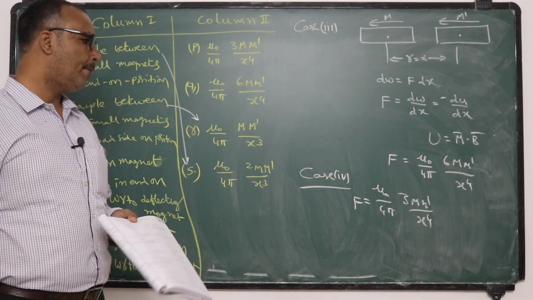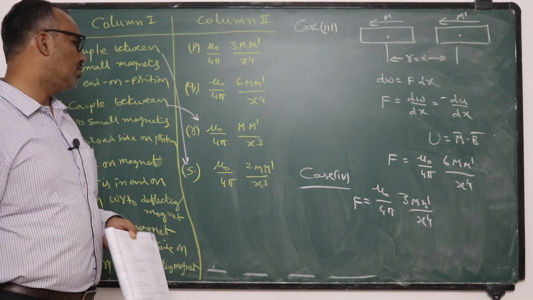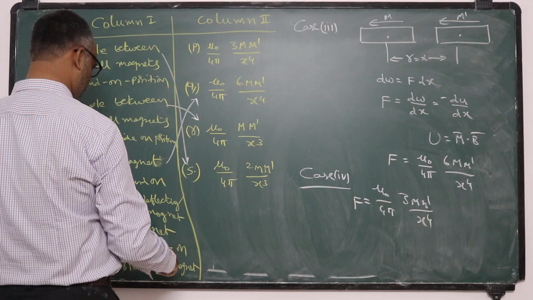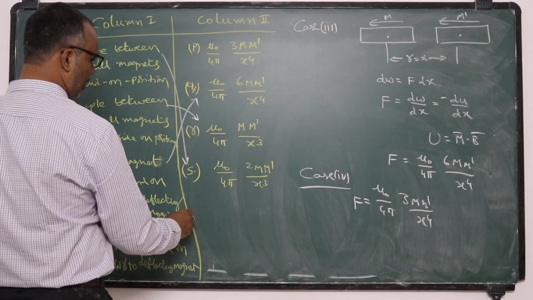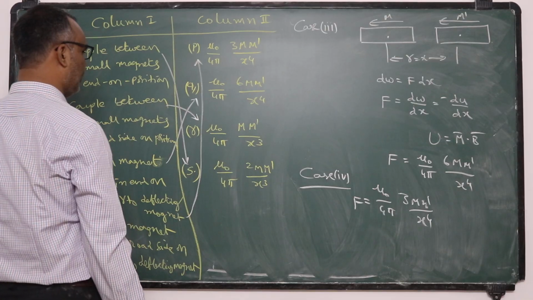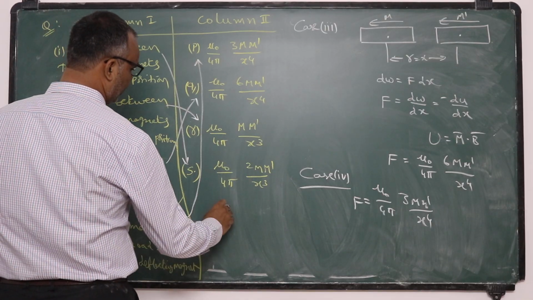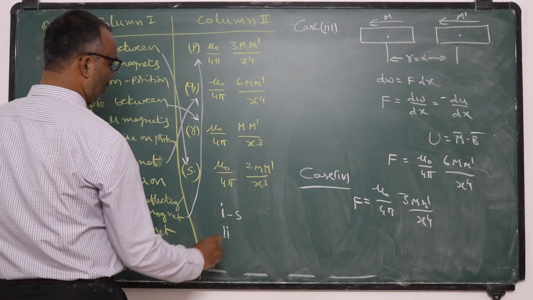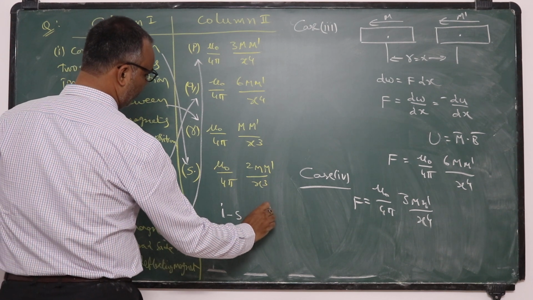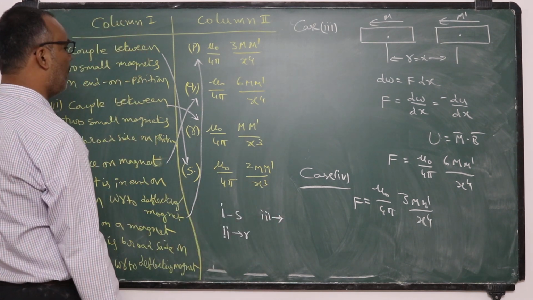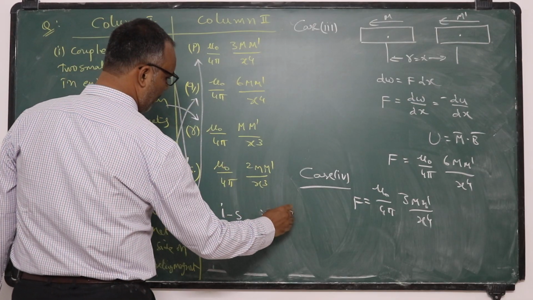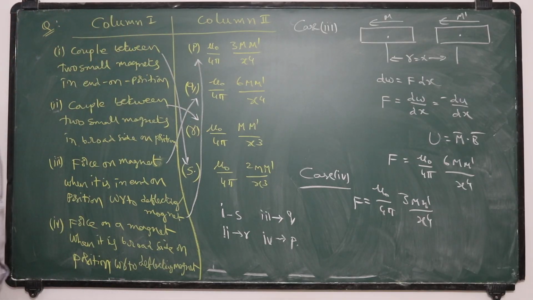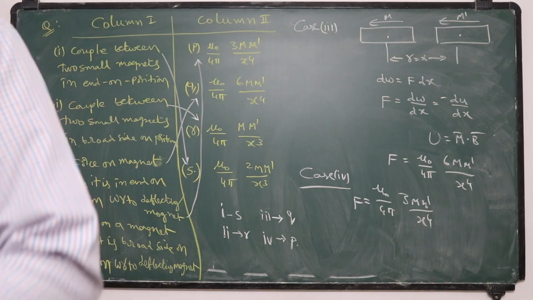So the third case relates with Q. Fourth case relates with P. So answer is 1 matches with S, 2 matches with R, 3 matches with Q, 4 matches with P. This is the solution for this question. So this is the procedure of solving the particular question.